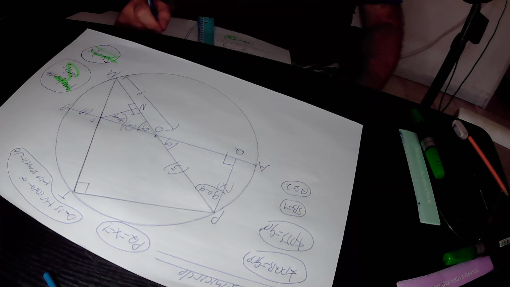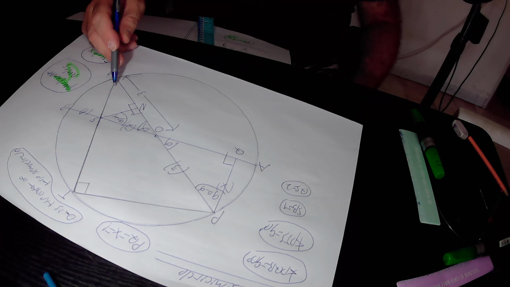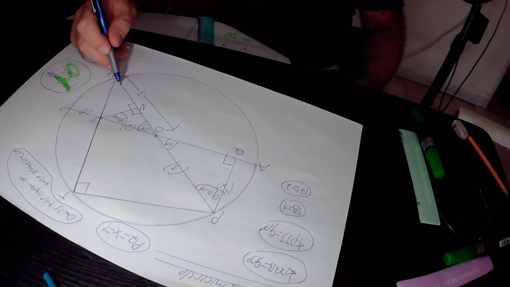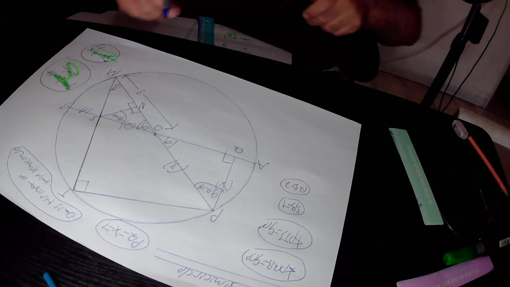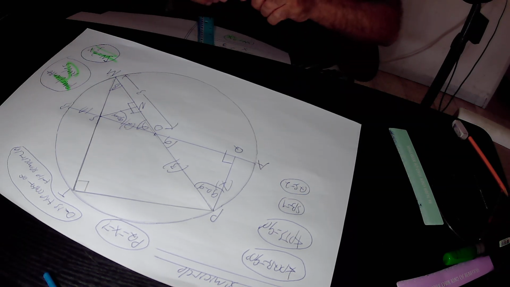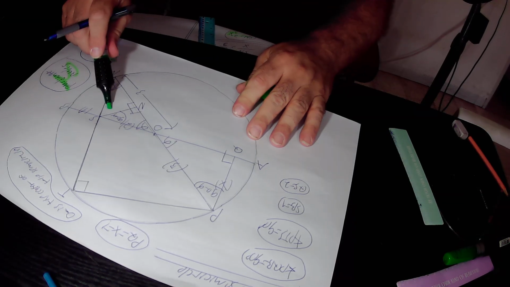In the next step, we'll define the size of this angle as beta, and we will focus on this right small green triangle, triangle SNM.